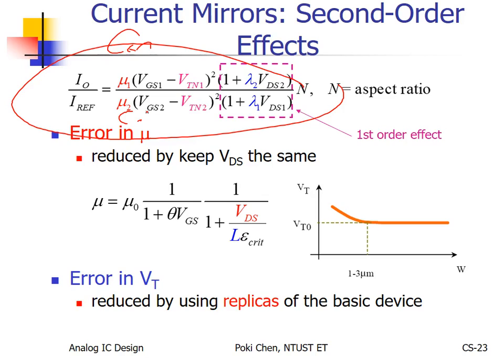Everything after fabrication cannot be exactly the same as you predicted. Nothing. So you will have variation in mobility 1, mobility 2, C oxide 1, C oxide 2, VTN 1, VTN 2, lambda 1, lambda 2. All of them. And also, I warn you, don't expect VDS2 will be exactly the same as VDS1. Wow! That is what you need to face.